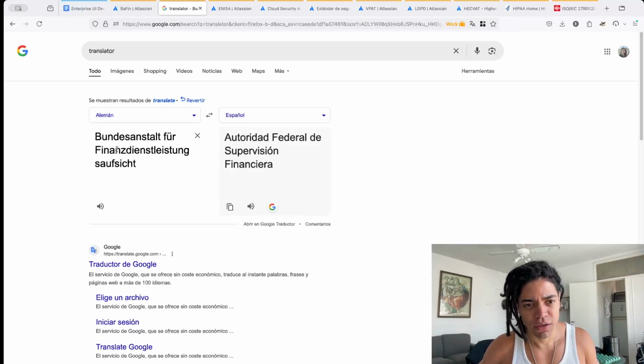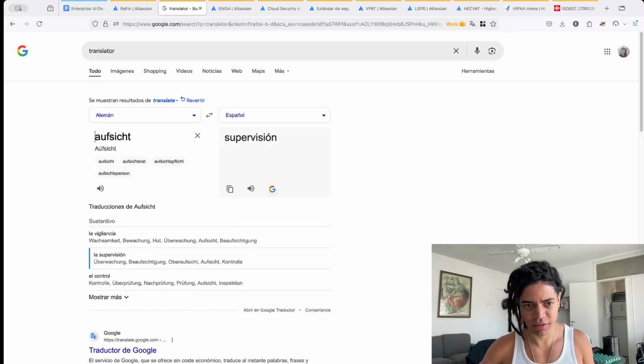Bundesanstalt für Finanzdienstleistungsaufsicht. What is this? Office?